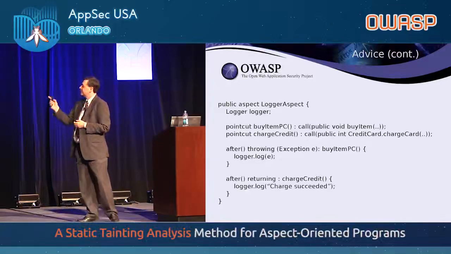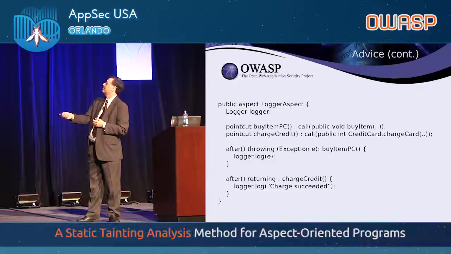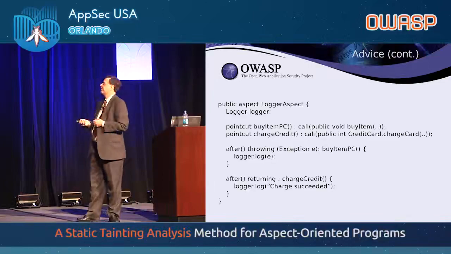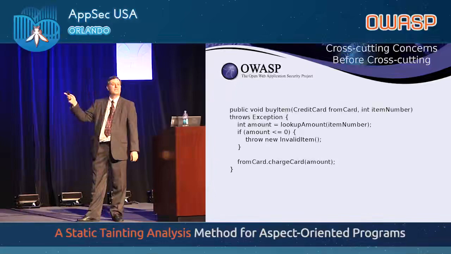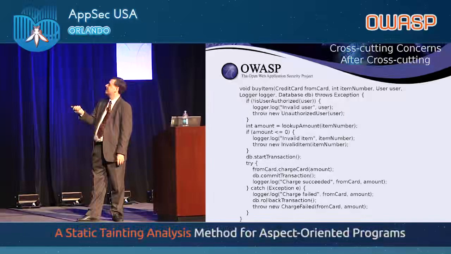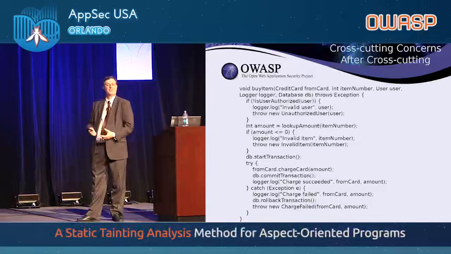After returning successfully from charge card, remember we've got our charge card here, we've got our point cut here. So after returning from that charge card, if it succeeded, it's going to log that it succeeded. With just those 2, we're almost back to this point here. Now I didn't display this one here because it's pretty much more of the same, but I could use the exact same technique to get rid of the user authorized out of that method and put it into an aspect.